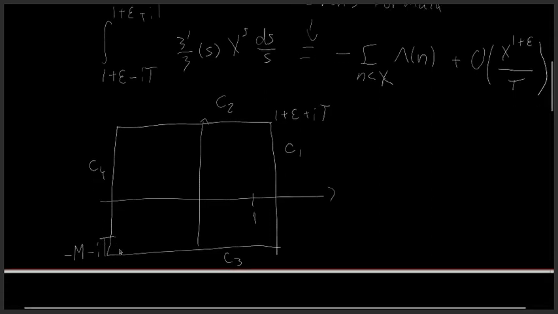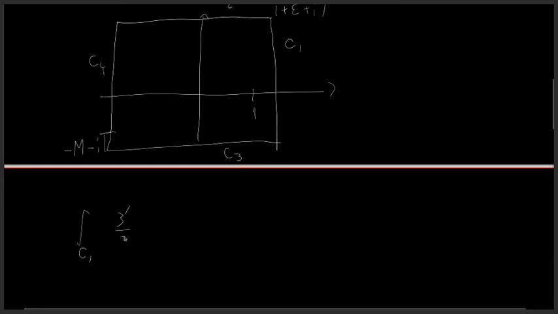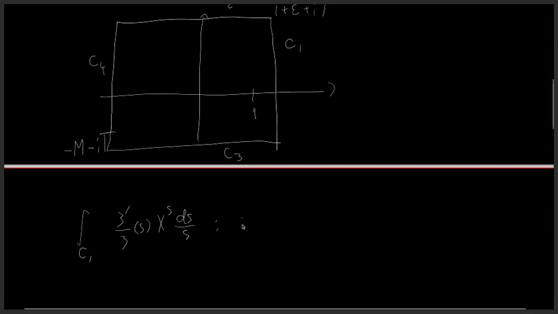Now let's figure out what this integral is, and let's bound the integral of this function on these pieces. The integral along C1 of zeta prime over zeta of s times x to the s ds over s is what we're interested in.